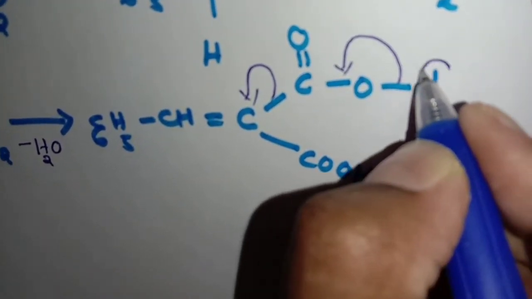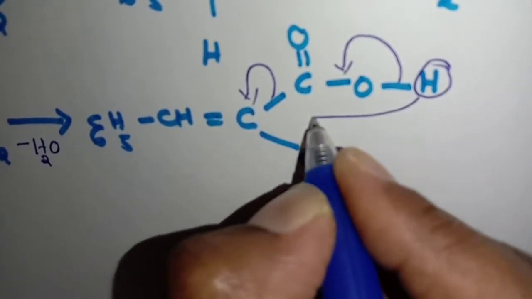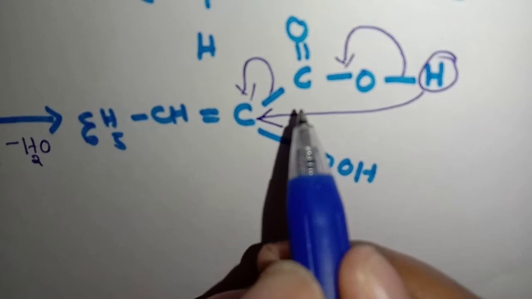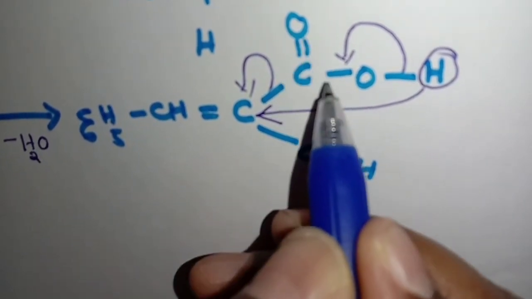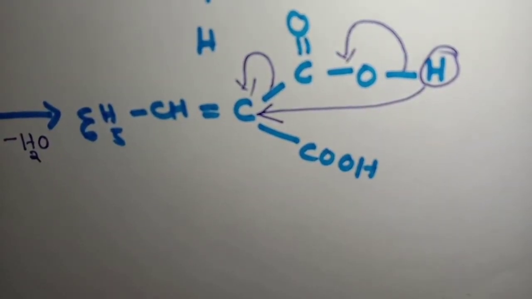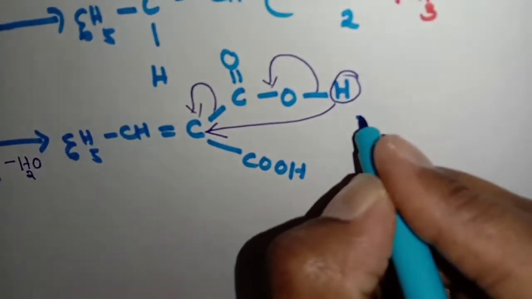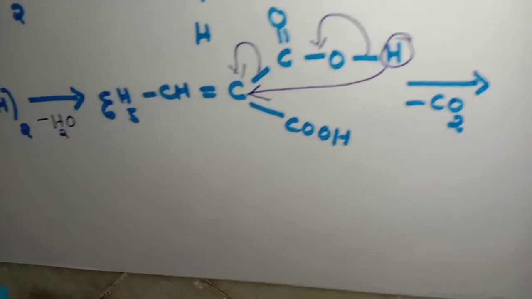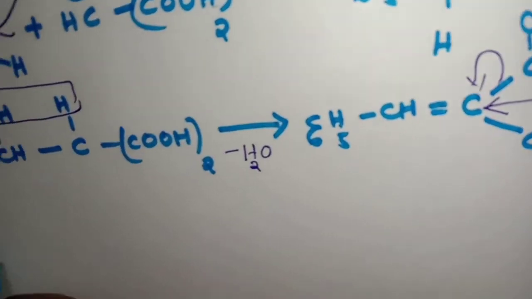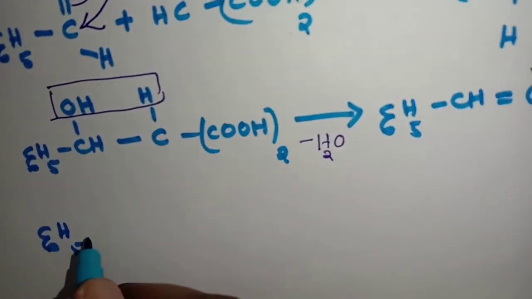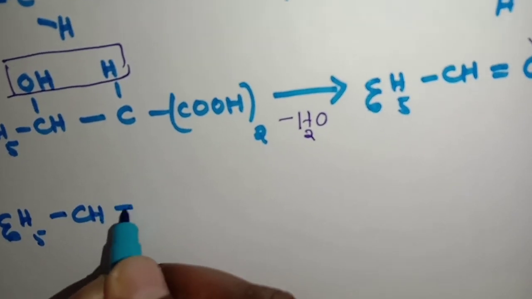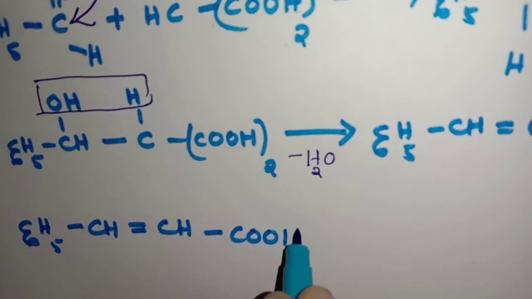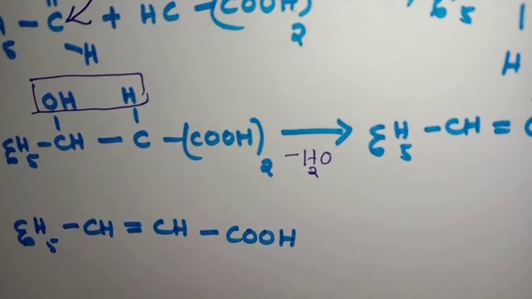So H as H plus comes to this carbon. So what are you observing here? C double bond O is there, double bond O. So it comes out as, what is CO2? It is carbon dioxide. Minus CO2. So what remains, students? C6H5 CH double bond CH COOH. What is the name of this compound? Cinnamic acid.